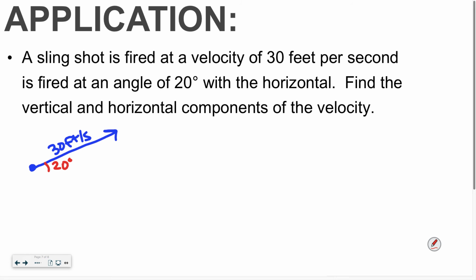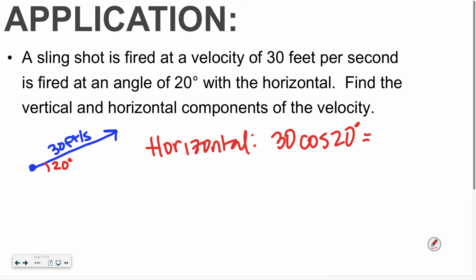All we would need to do for our horizontal component is take 30 feet per second times the cosine of 20 degrees. Somebody could punch that in their calculator, please. 28.19.